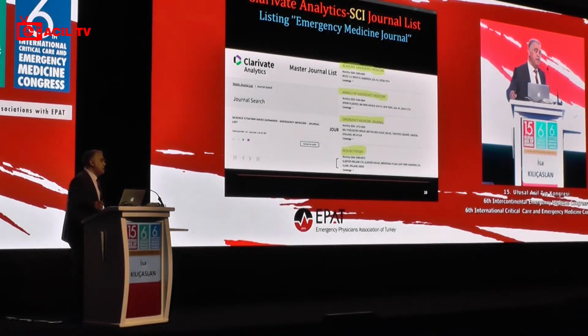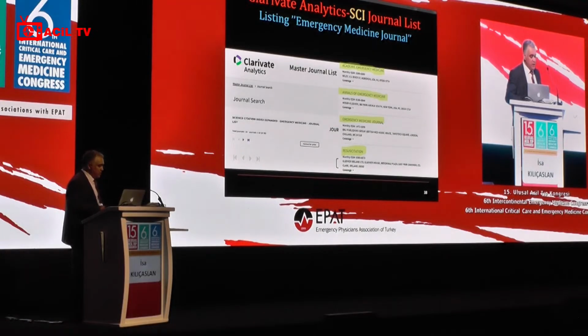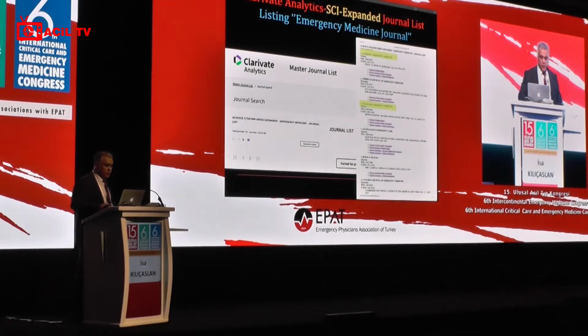When you look at the Science Citation Index category, there are 4 journals related to emergency medicine. Annals of Emergency Medicine is also first rank, then Academic Emergency Medicine, Emergency Medicine Journal, and Resuscitation, with importance as SCI journals. What about the SCI expanded journals?